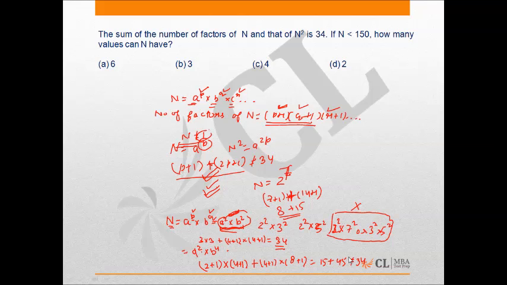Hence this case is not possible, and in all the other possible cases the sum of the number of factors of n and that of n square will always be more than 34.